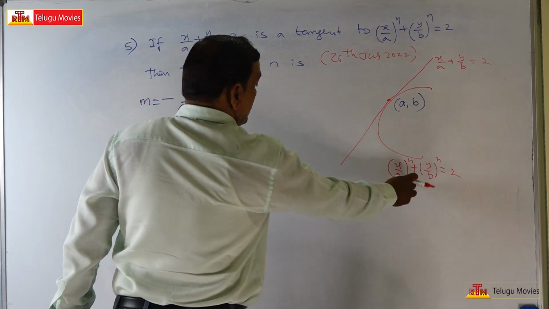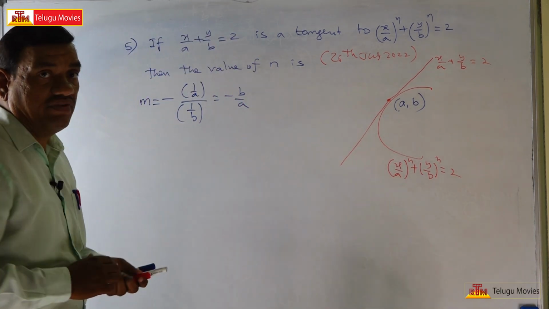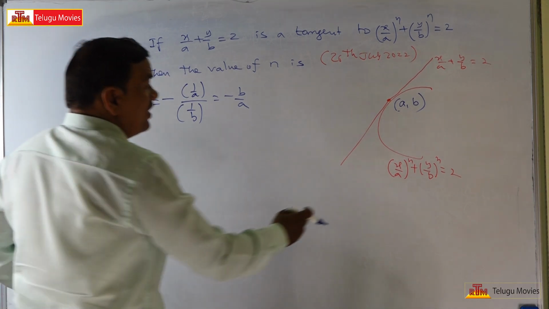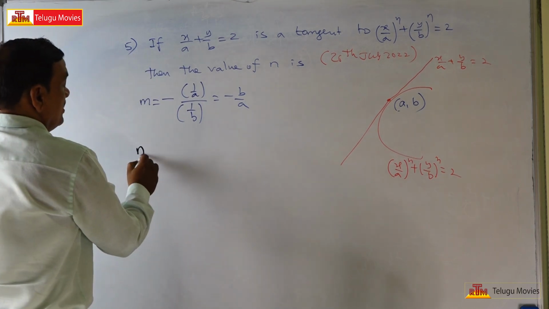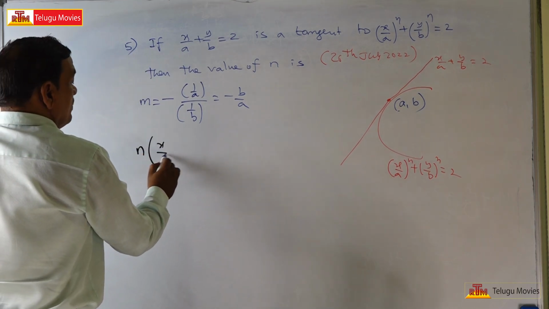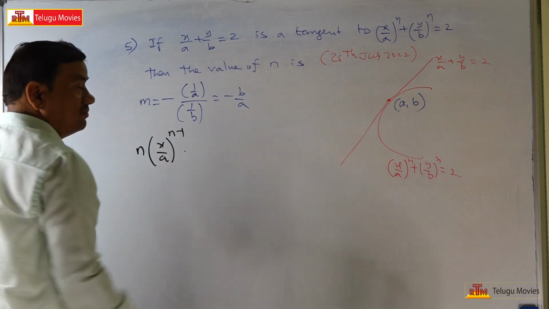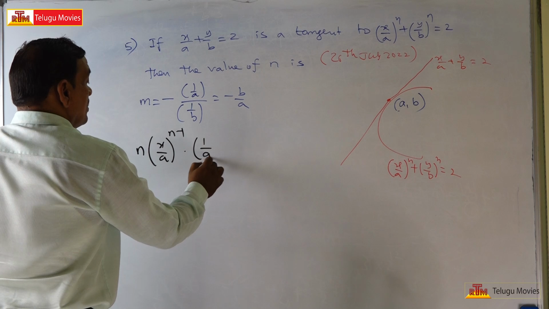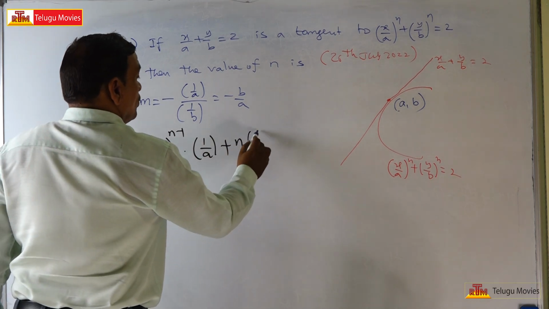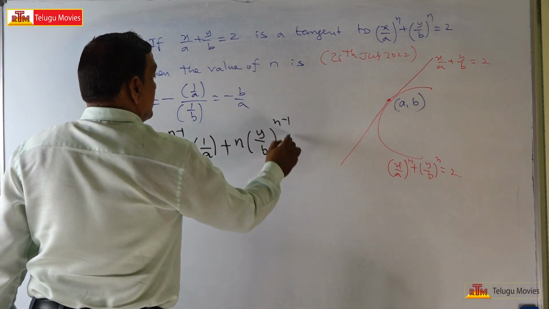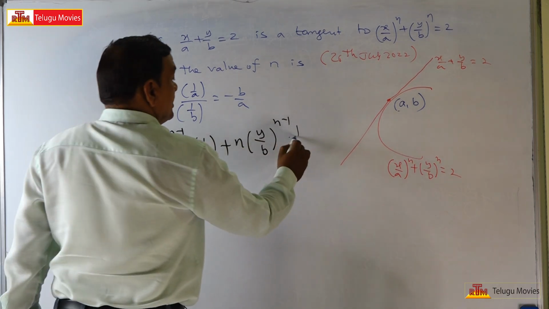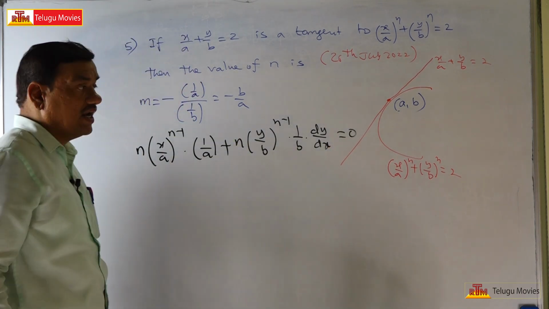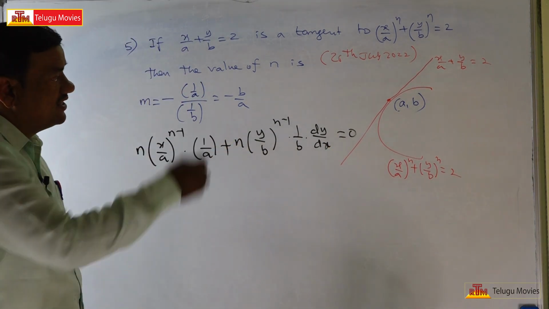You have to find the derivative dy/dx of the curve equation and substitute (a, b). So the derivative is n (x/a)^(n-1) times 1/a, plus n (y/b)^(n-1) times 1/b, times dy/dx, is equal to 0.